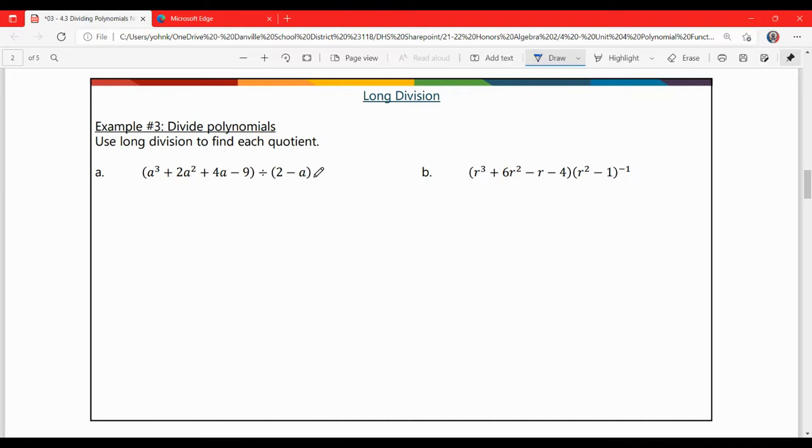So if you want to, you can rearrange that and get negative a plus 2. And that makes it a little bit easier to divide by. So I can do a cubed plus 2a squared plus 4a minus 9, and I'm going to divide by a negative a plus 2.